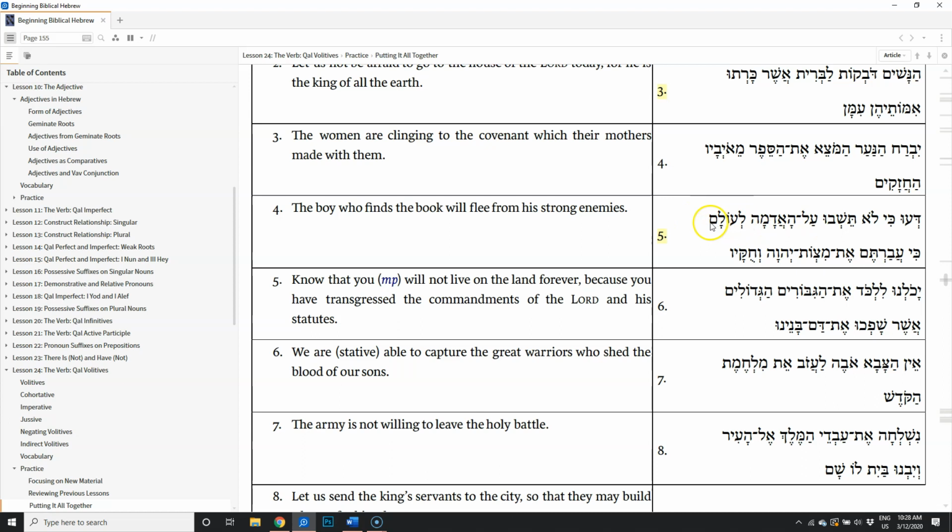Olam, forever. Ki. Now here there's no reason for content to follow, so this more likely is the causal conjunction, indicating reason or cause. So you will not dwell on the land forever because avartem.